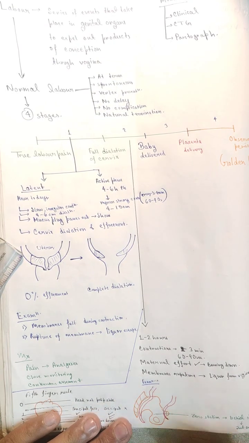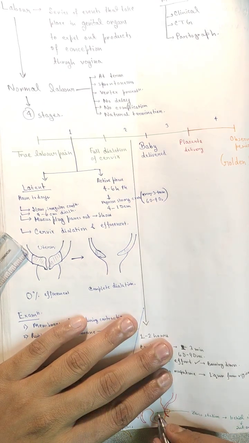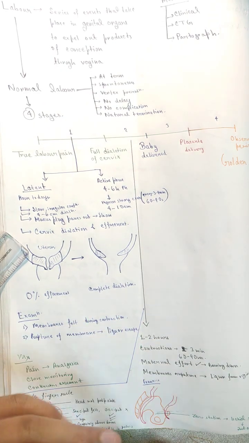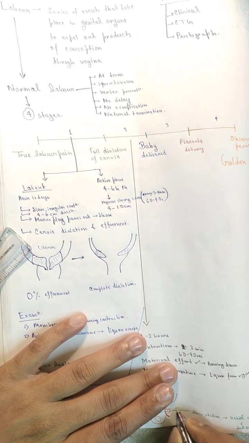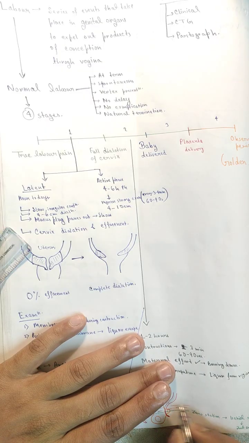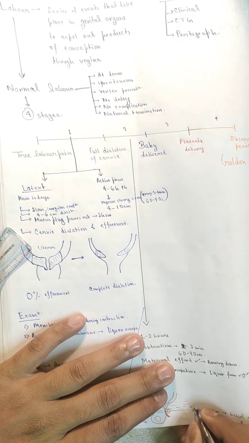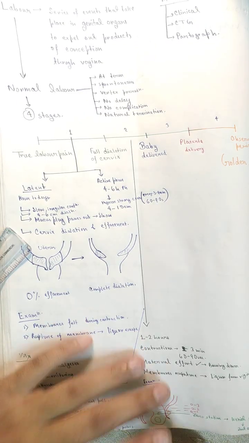On per vaginal examination, this is seen. Above this, everything is negative. So 0, -1, -2, -3.